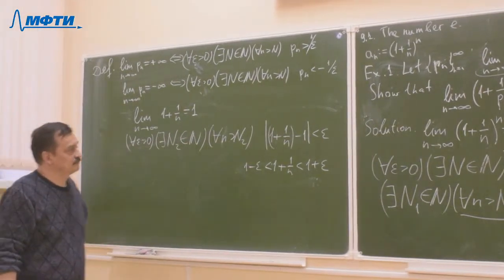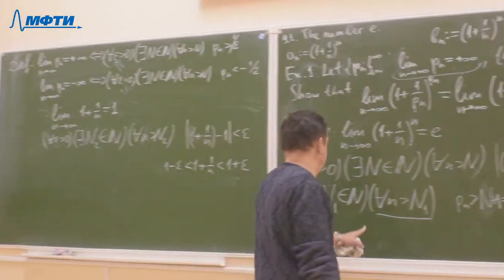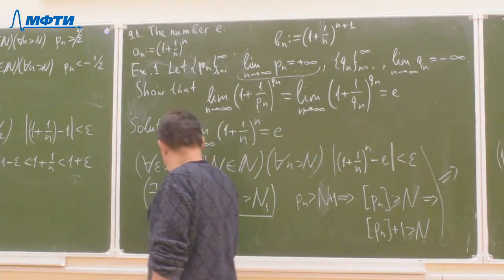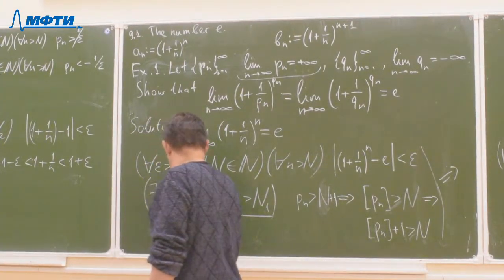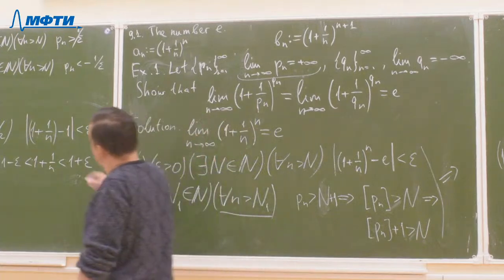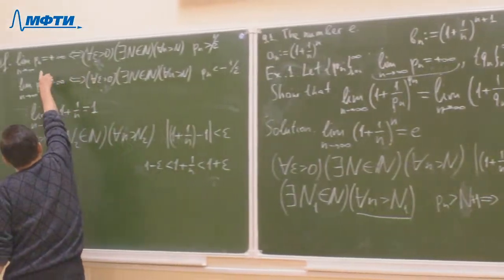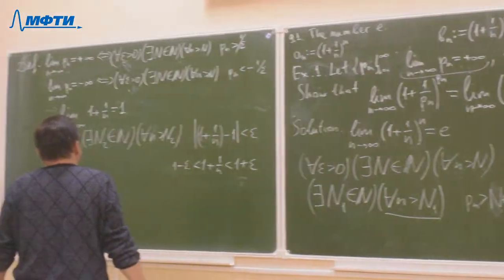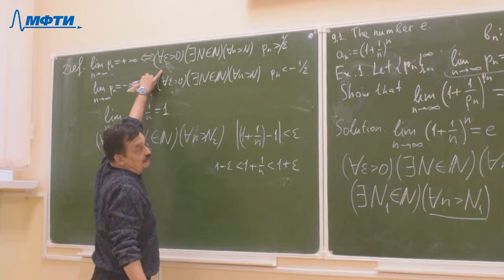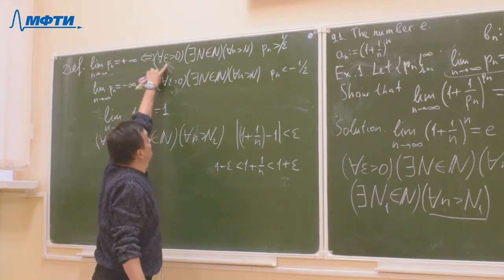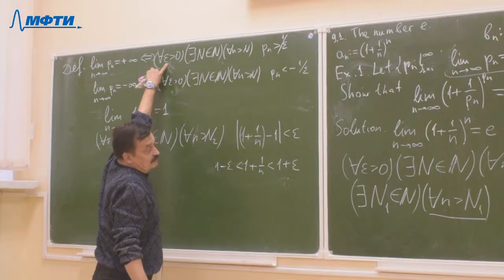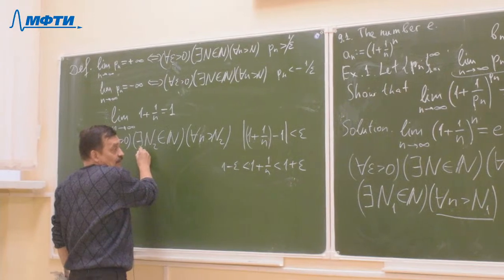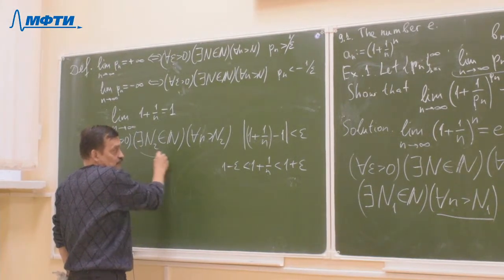So now I'll add one more thing, namely I'll choose the definition that Pn goes to infinity now in a different way, namely here I'll choose, instead of epsilon, this N2, right?